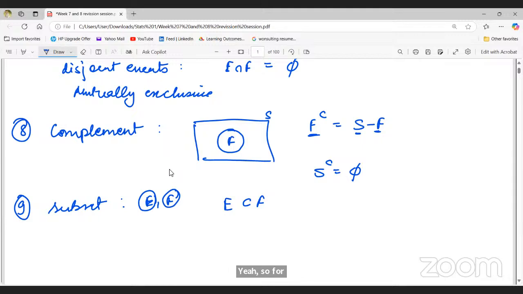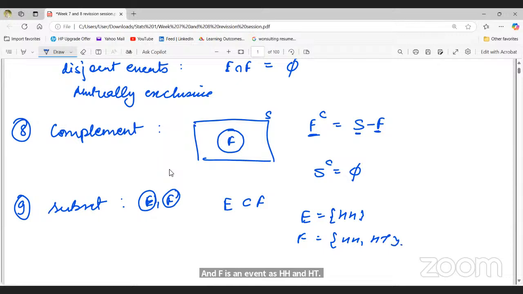E is the event HH and F is the event HH and HT. Is E a subset of F? Yes, because the elements in E are also contained in F.